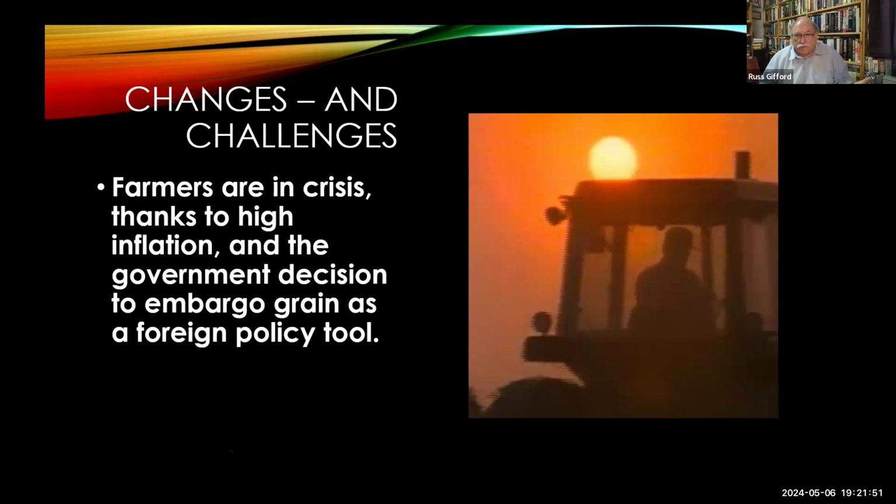Record production resulted in a glut of farm goods, and it was just bad. Prices were going down. Exports had declined 20% from 1981 because of that embargo. So farm debt had doubled, and people were having problems.